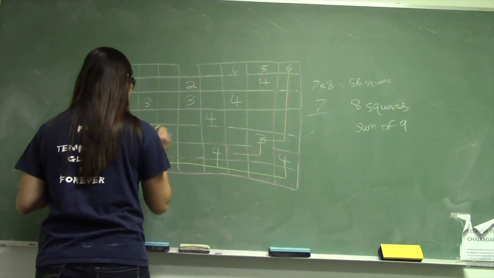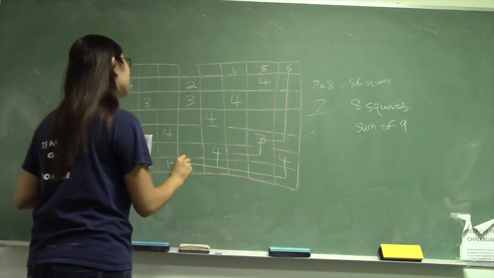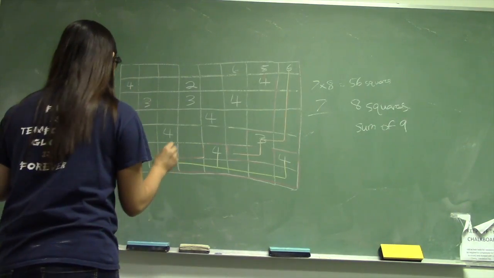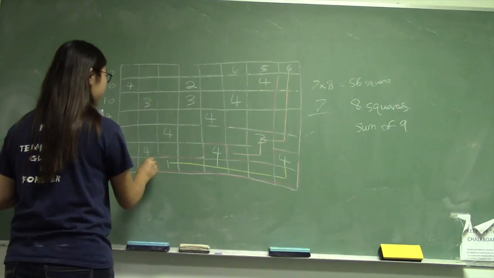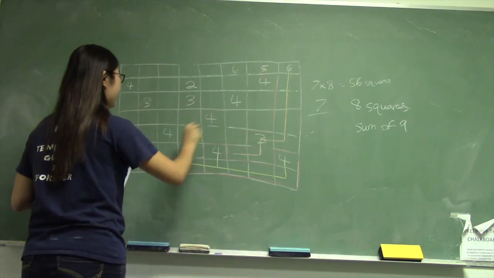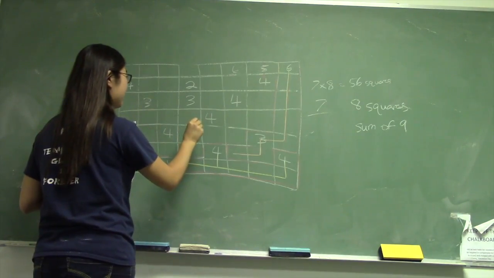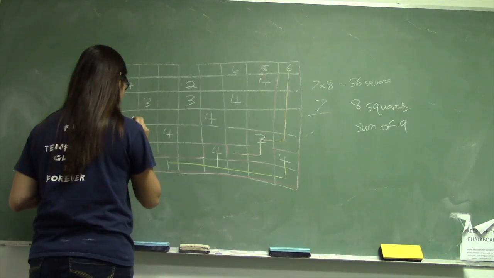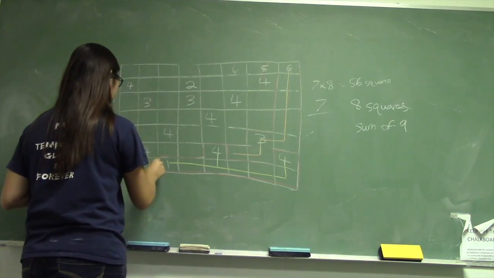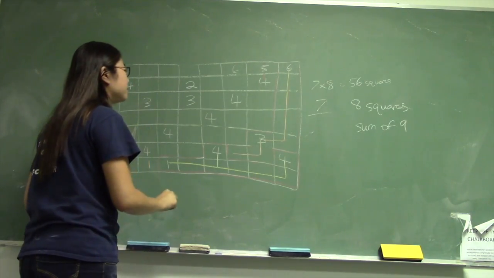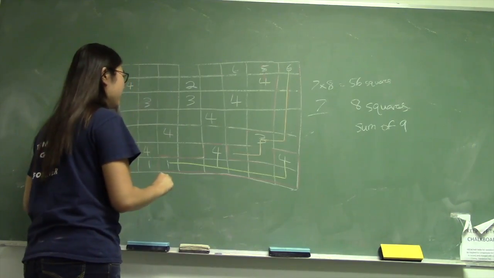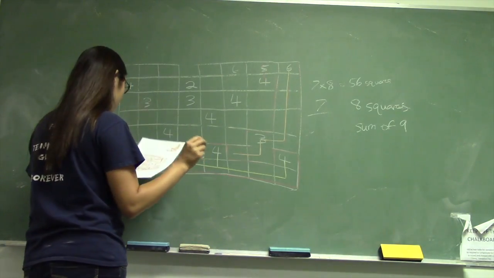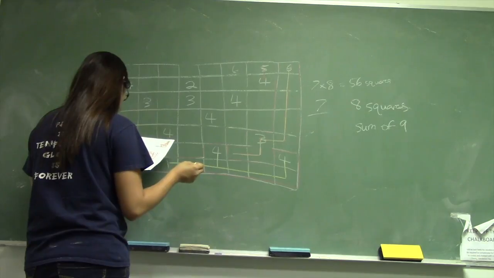So if we look at 1s and 4s here, we could connect the 1 and 1 together, but given that there's a lot of even numbers in here, we want to make sure that the odds and evens are spread out so that we have a sum of 9, which is an odd number.